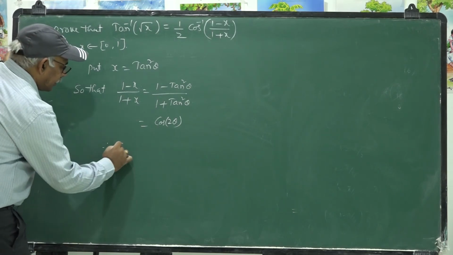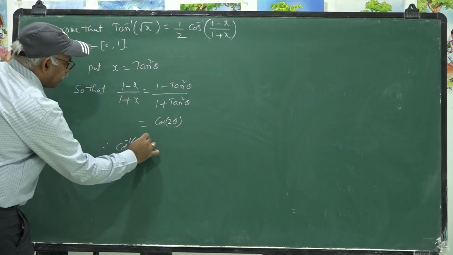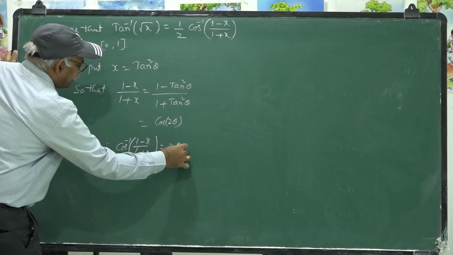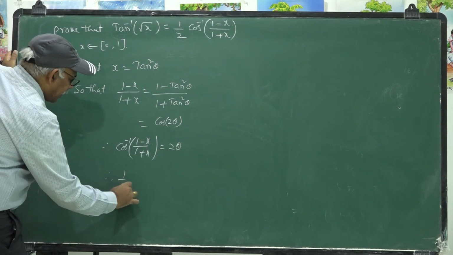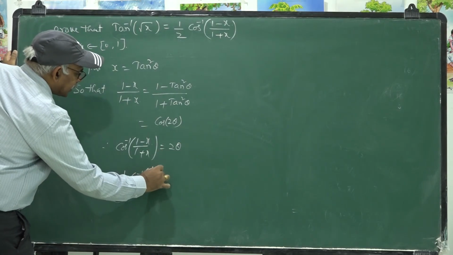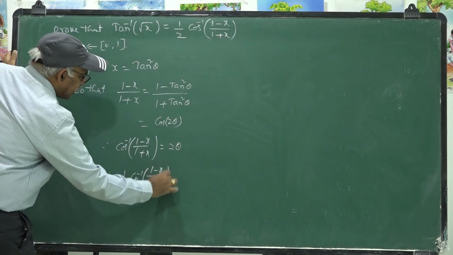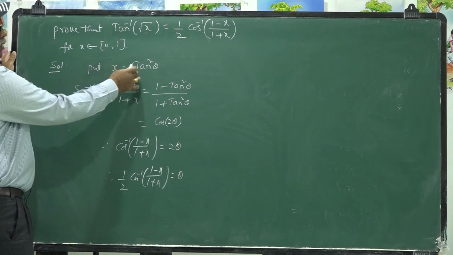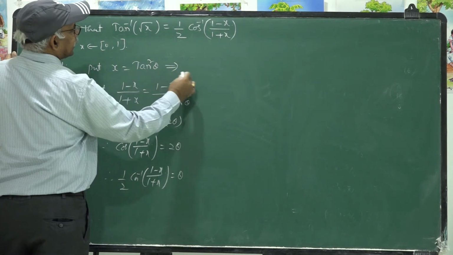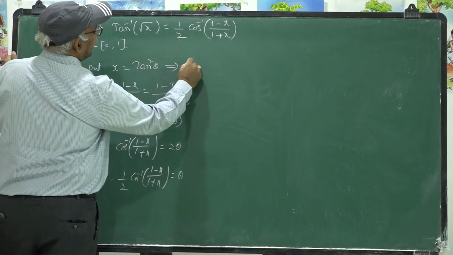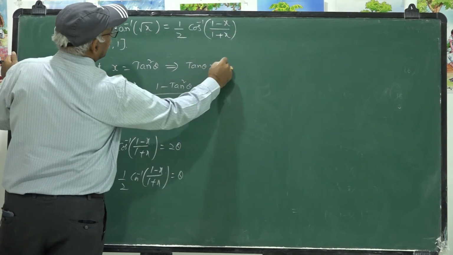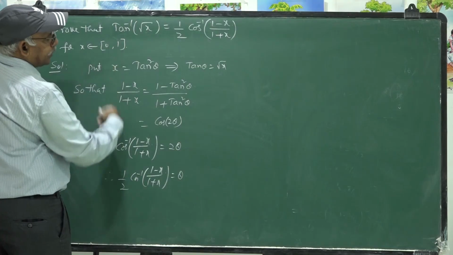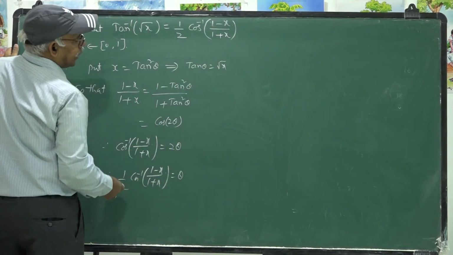So that cos inverse of 1 minus x by 1 plus x takes the value 2 theta. Hence 1 by 2 cos inverse of 1 minus x by 1 plus x is theta. But x equal to tan square theta implies tan theta equal to root x, because x is non-negative and lies between 0 and 1. Root x is real.